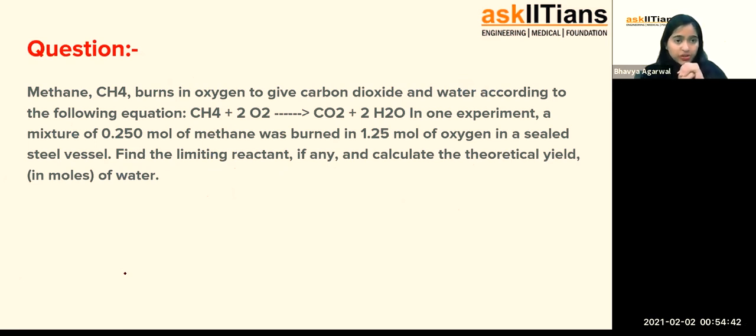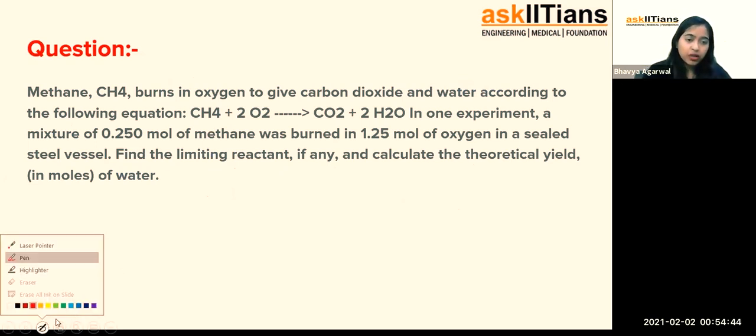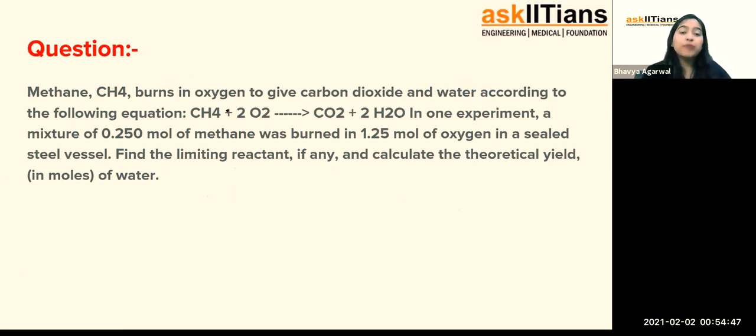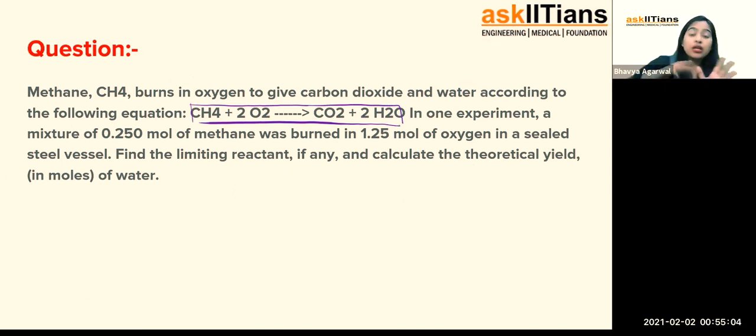The question says that CH4 burns in oxygen to give carbon dioxide and water according to this reaction. This is the reaction as per which methane and oxygen react. The balanced equation is given, thankfully.